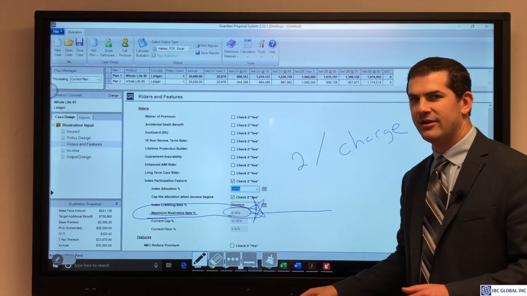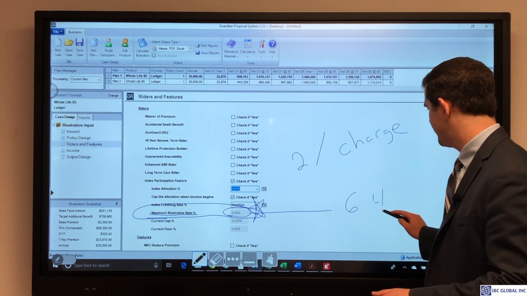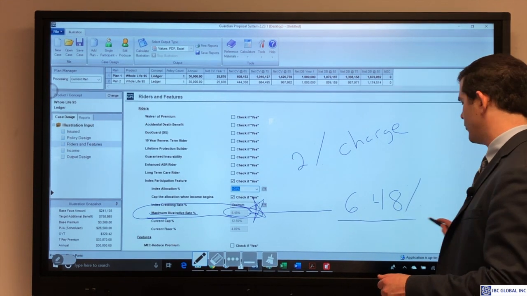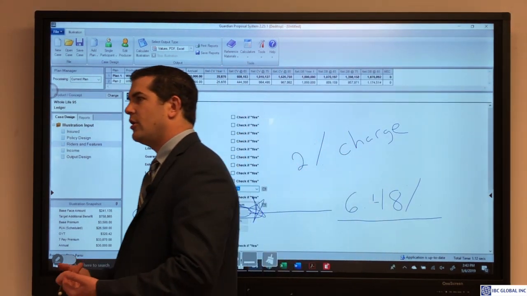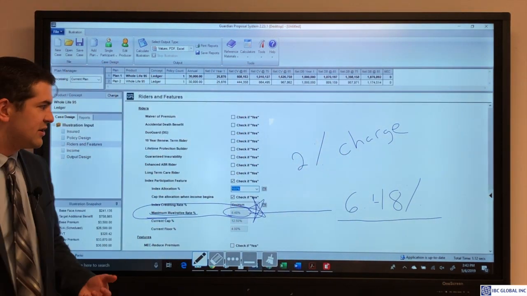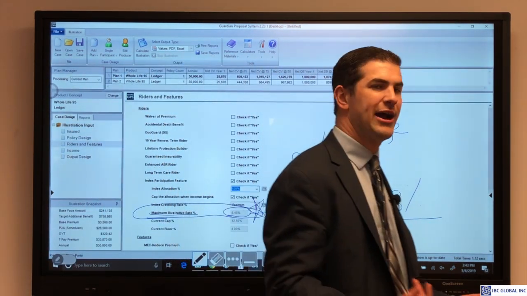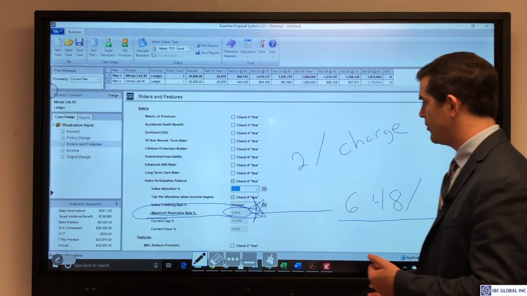So that 8.48 is actually 6.48. And that's credited after the company's insurance expenses, mortality costs, all that good stuff. The net might be closer to 5.5 every time we've done an actual IRR study on that. But it will give you more earnings potential.